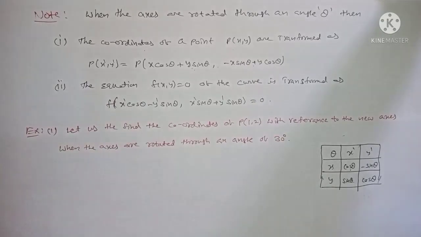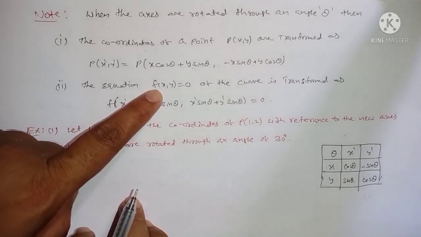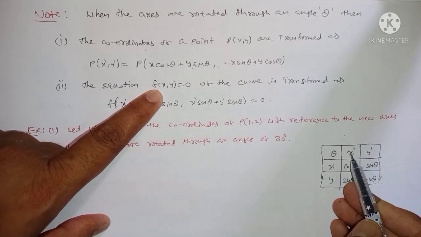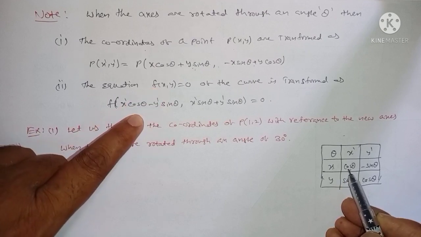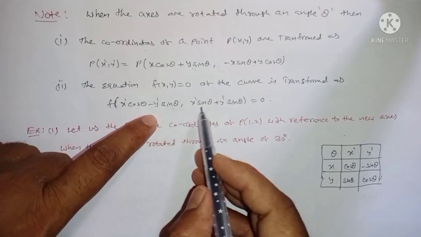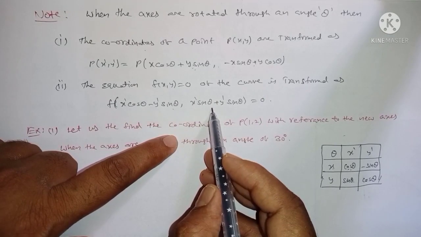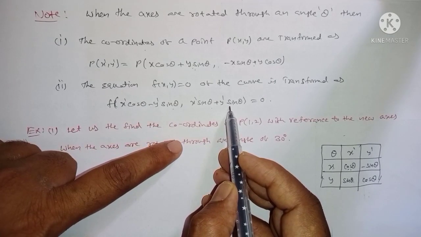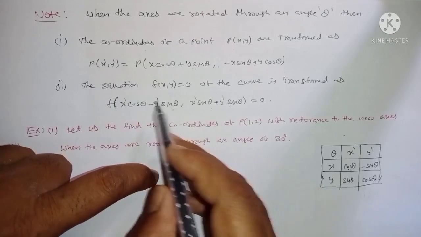And for the equation f of x comma y equal to 0, in place of x you write x dash cos theta minus y dash sin theta, and y is replaced by x dash sin theta plus y dash cos theta. Then f of x comma y is equal to 0.